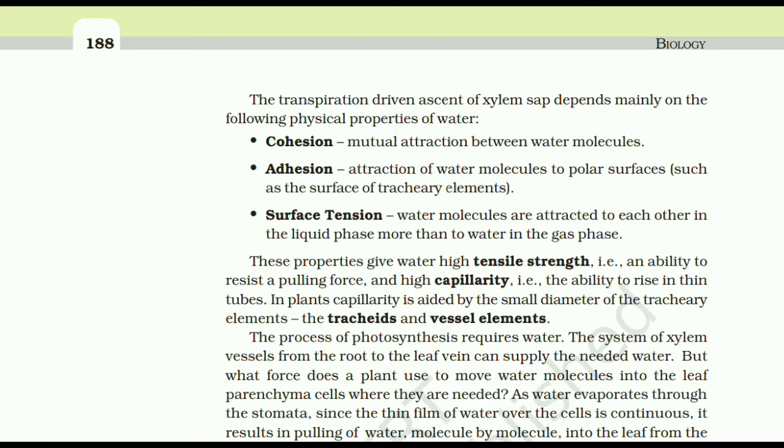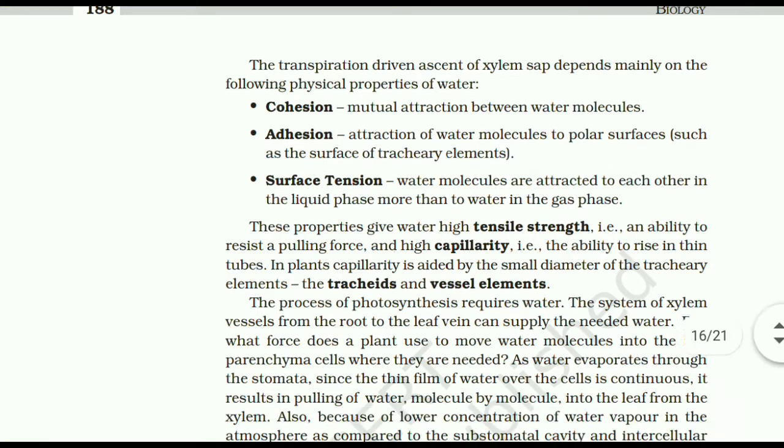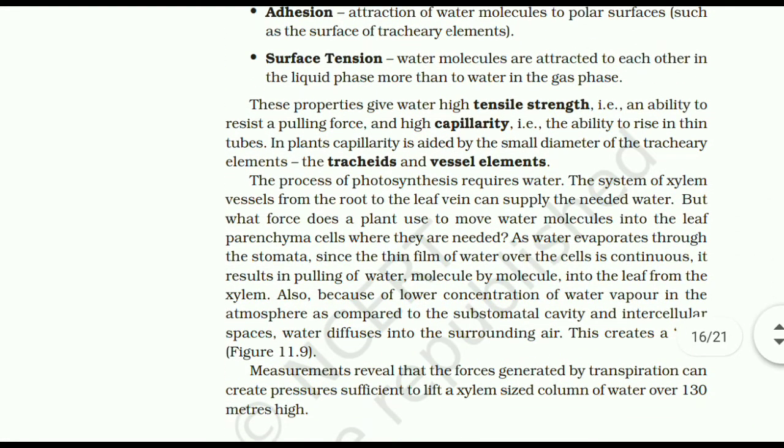Water molecules are attracted to each other in the liquid phase more than in the gaseous phase. These properties give water high tensile strength, that is an ability to resist the pulling force, and high capillarity, that is the ability to rise within tubes. In plants, capillarity is aided by the small diameter of the tracheary elements, the tracheids and vessel elements.